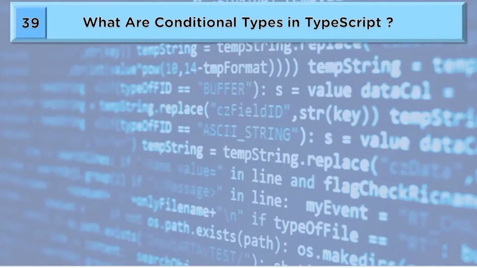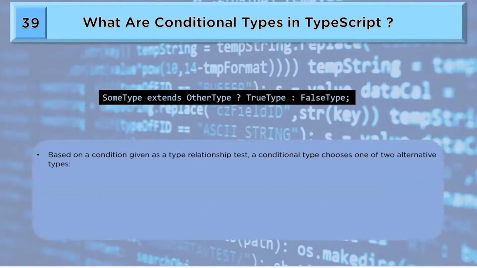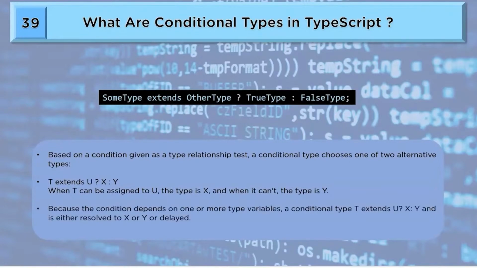What are conditional types in TypeScript? Based on a condition given as a type relationship test, a conditional type chooses one of two alternative types. When T can be assigned to U, the type is X, and when T can't, the type is Y. Because the condition depends on one or more type variables, a conditional type T extends U ? X : Y is either resolved to X or Y or deferred.